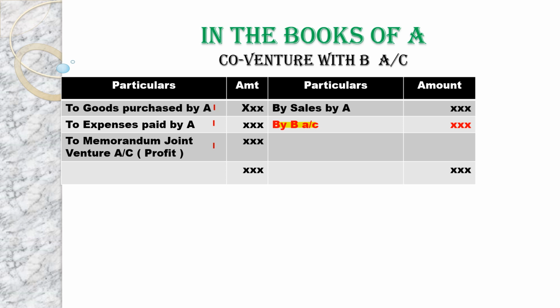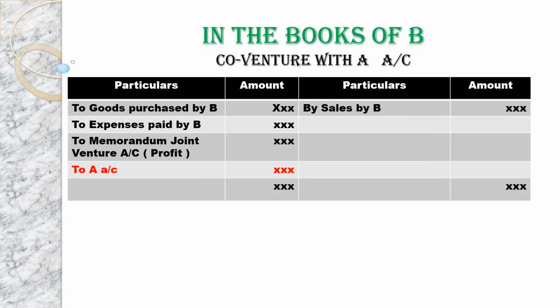So these are the transactions in the books of A. Now let us look at what transactions come in the books of B. As explained in the previous slide, sales made by B will come on the credit side, purchases made by B on the debit side, expenses paid by B on the debit side, and the share of profit of B will also come on the debit side.